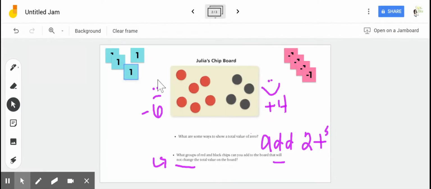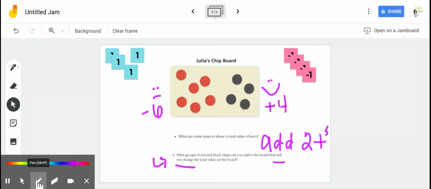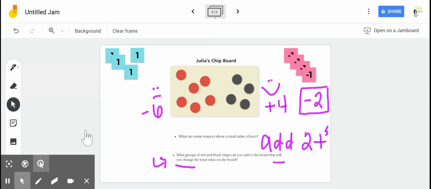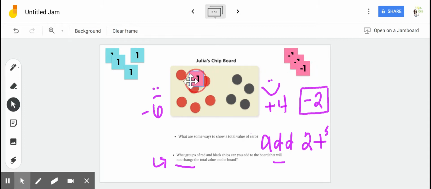There was -6 and there was +4, and we came up with that he is in the red by 2, or that the answer is -2. So whatever I want to add, it needs to still continue to have -2. So what if I were to take a negative chip and add it over here? That would give me -7.